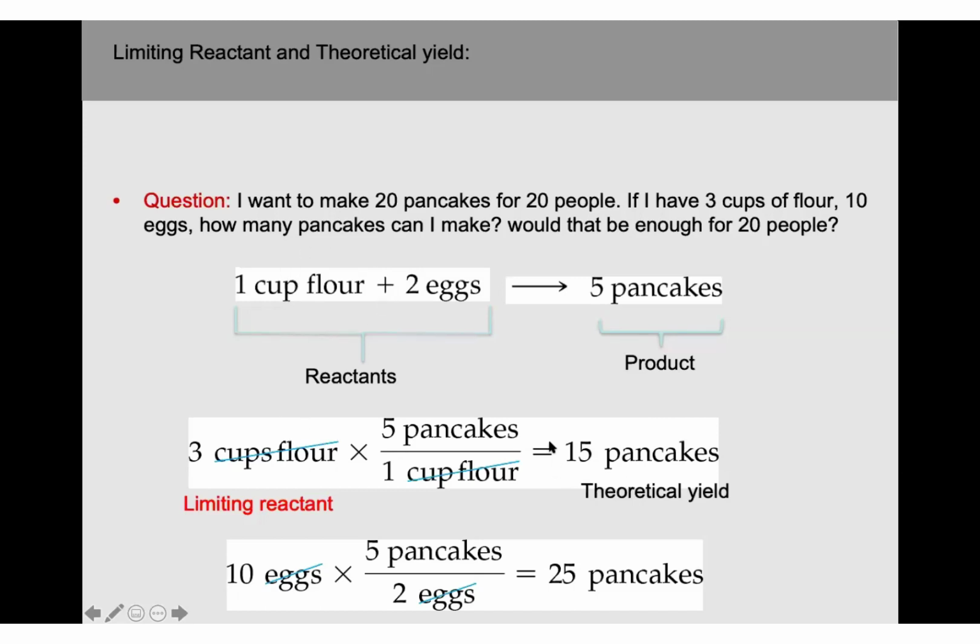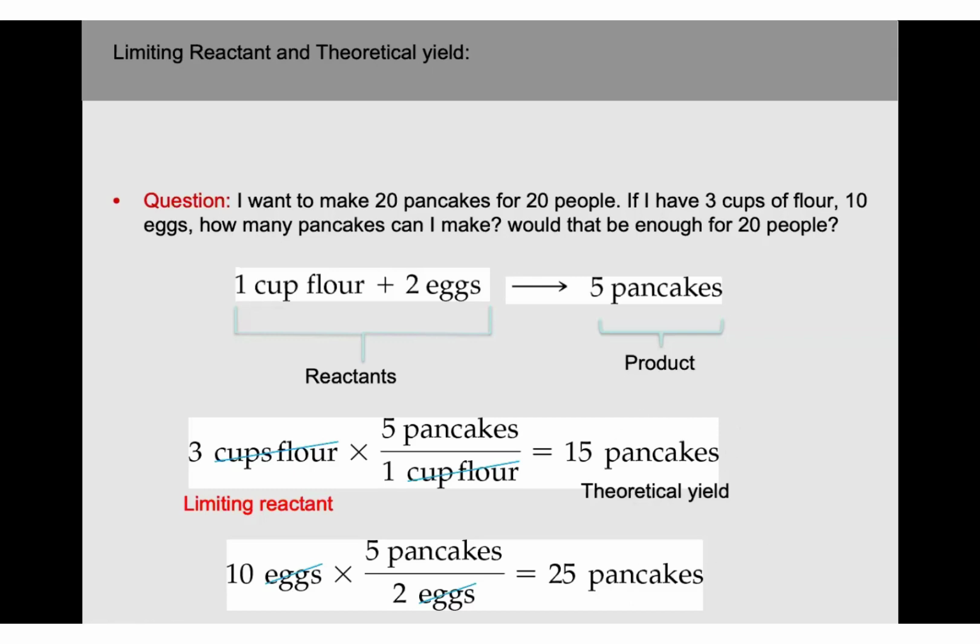And the 15 pancakes is what, in the calculations that I did, I can really make if I go to the kitchen. It is the maximum pancakes that I can make. This is called the theoretical yield.